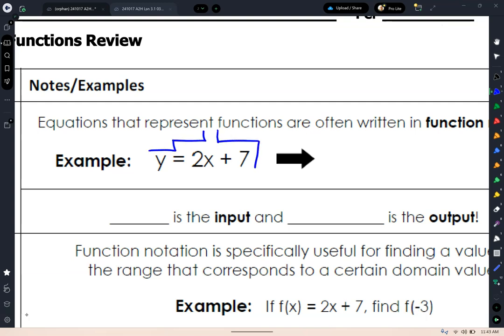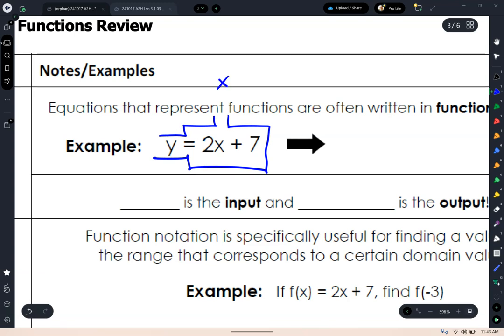This is the function machine, right? And in the function machine, the x is the input, and the y is the output.